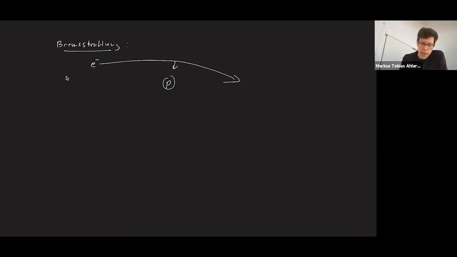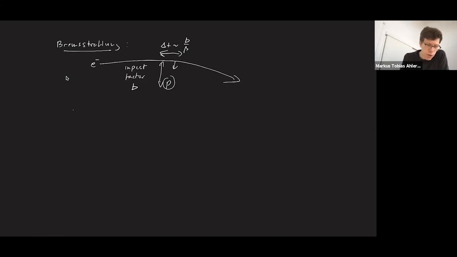So we can estimate that if the electron is approaching a proton with an impact factor of the order of b, so this will be the distance, then the time it takes the electron to pass in the vicinity of the proton is of the order of b divided by the velocity of the particle, so b over beta in natural units.